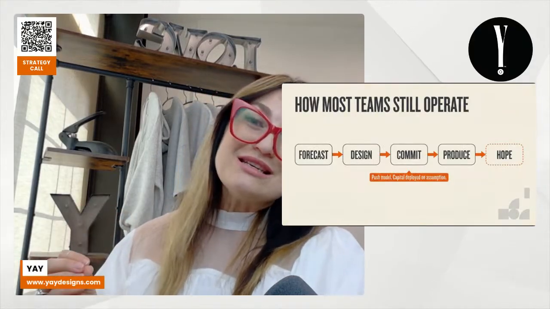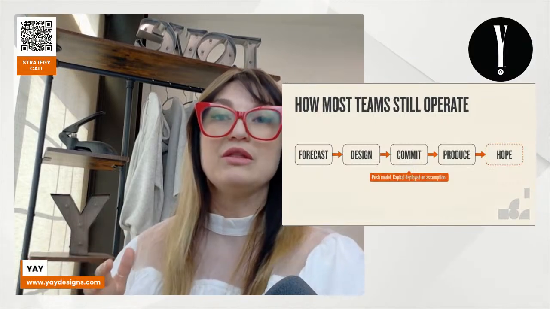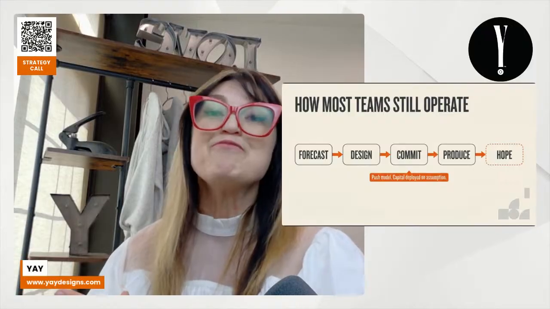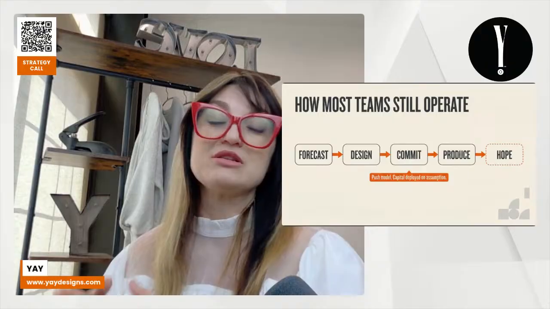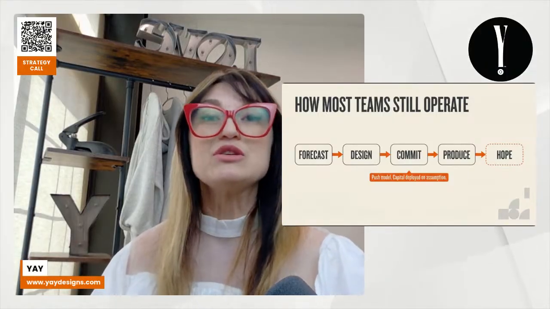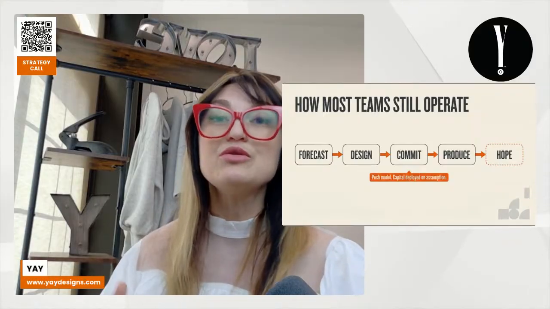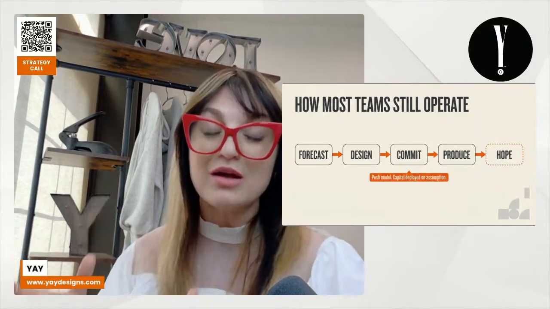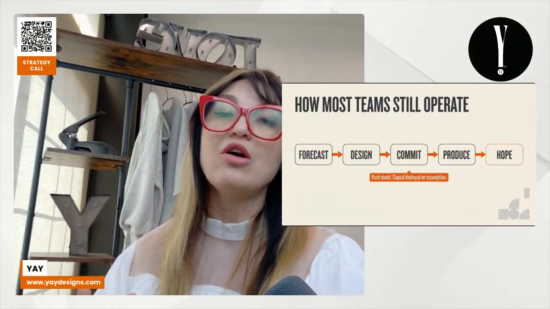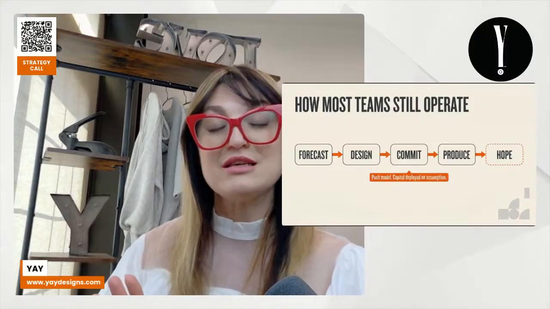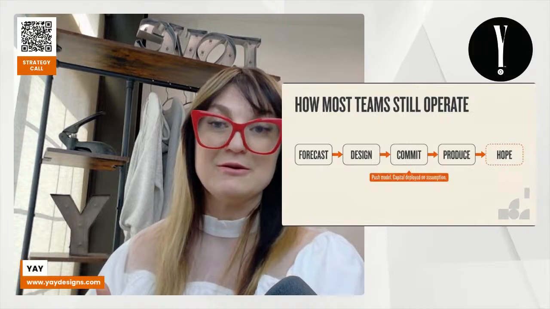In most businesses, the push model looks very similar to this, where we think about forecast, then we go into designing, then we commit to fabrics, materials, product. Then we start to produce, and then we hope that demand matches. In this model we tend to produce more bulk production ahead of the season, and very seldom can we go back within the season to place another reorder and chase that demand.